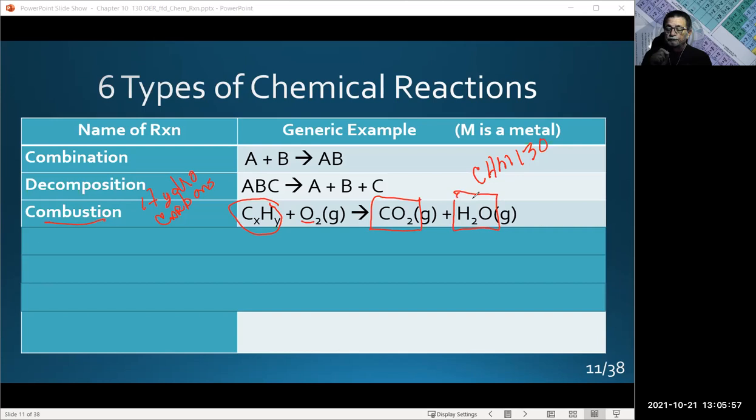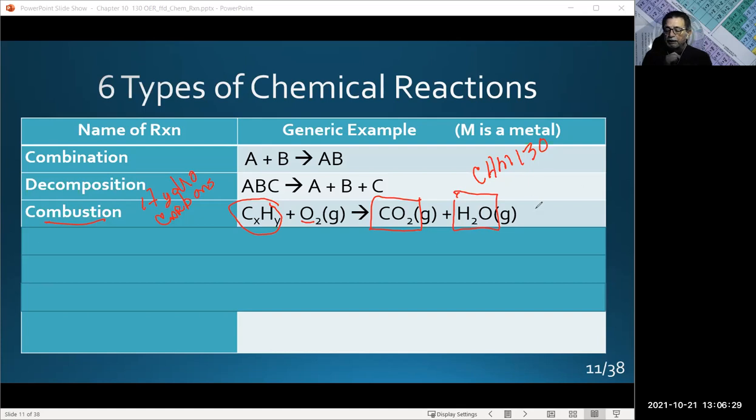True, when you burn fuel in an engine, one of the gases you generate, a poisonous gas, is carbon monoxide. But that's because our engines are not very efficient with respect to combustion of our hydrocarbons, and therefore a lot of different types of compounds are generated. But for us, remember, carbon dioxide and water are the only two products we obtain.